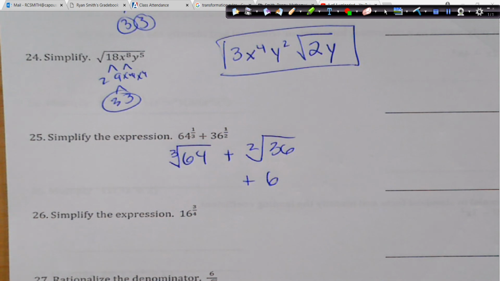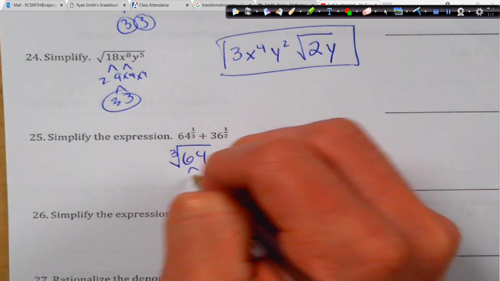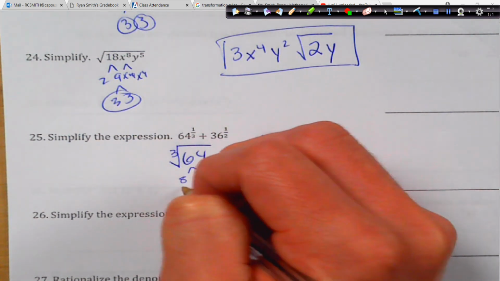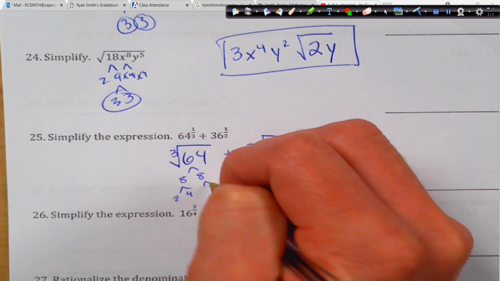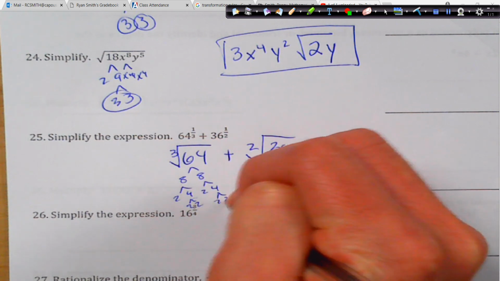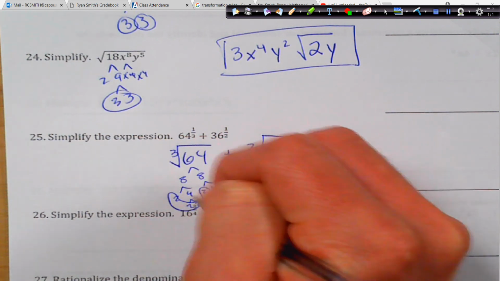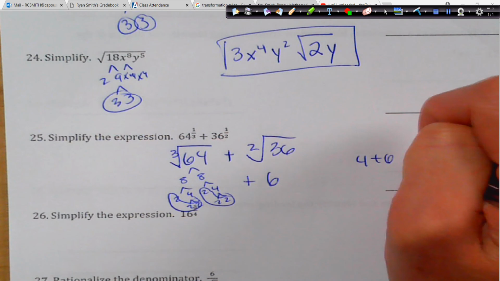You can always plug it in your calculator and see what you get, but I believe we're going to get 8 times 8, and then that is 4 times 2, and 4 times 2, and then 2 times 2 times 2 times 2, so we get those 2's and those 2's, so 2 sets of 2's out, which is basically going to give us 4. So we get 4 plus 6, which is 10.